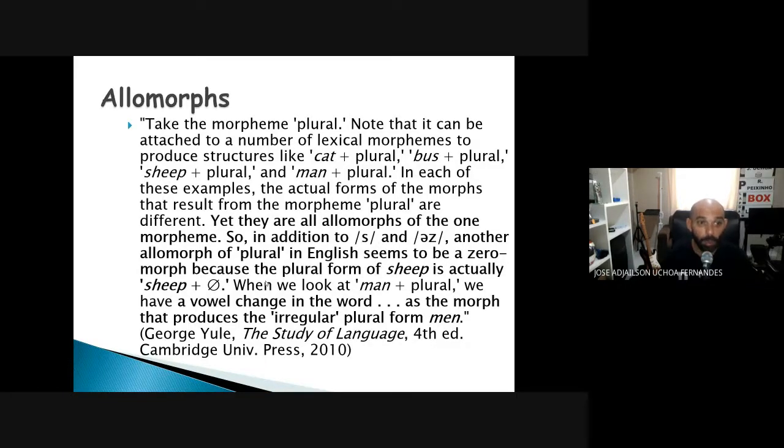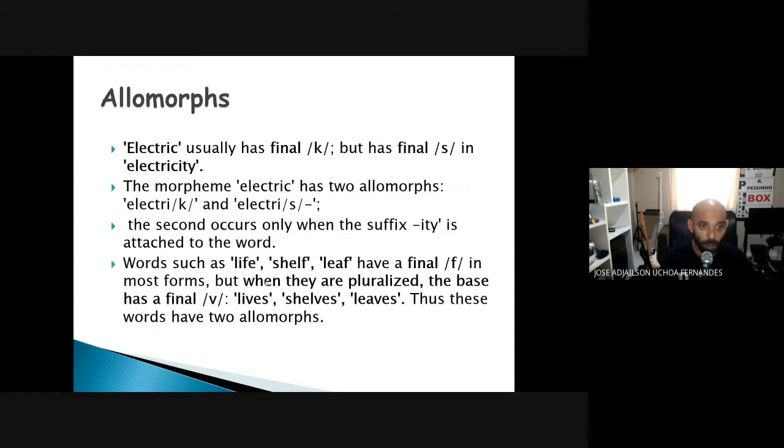So let's see more examples of allomorphs. Take the case of electric, usually with this final K, but it has a final S in electricity. So you see that the morpheme changes to receive a suffix, okay?